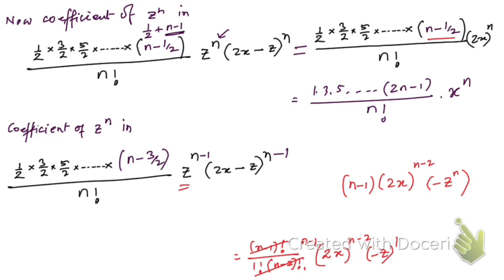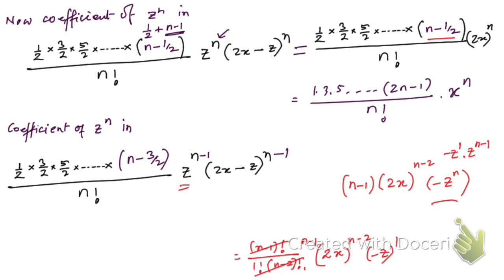Because here we had minus z to the power 1, and if you multiply with this z to the power n minus 1, then you're going to get this. Hope you have understood this.